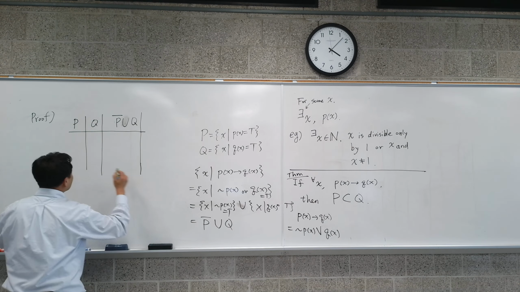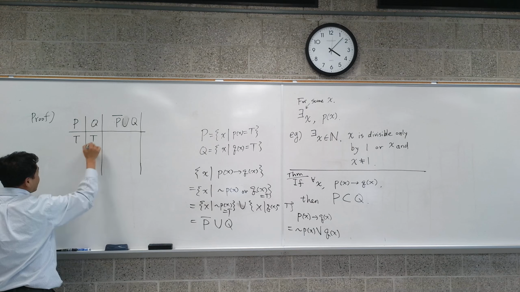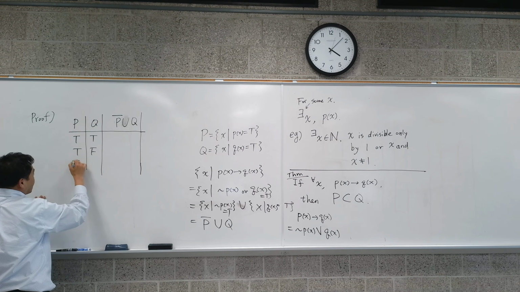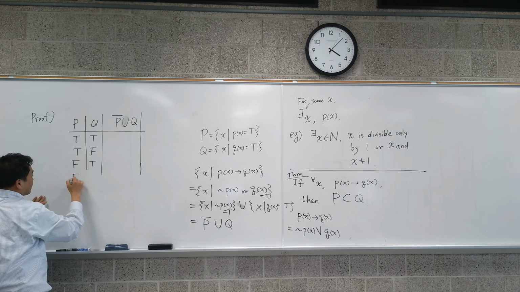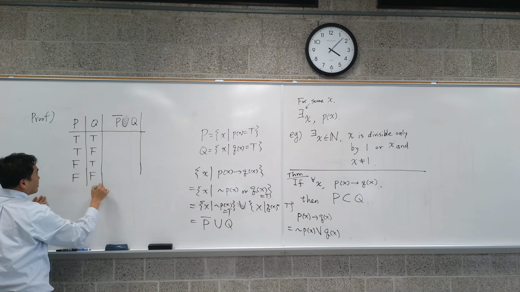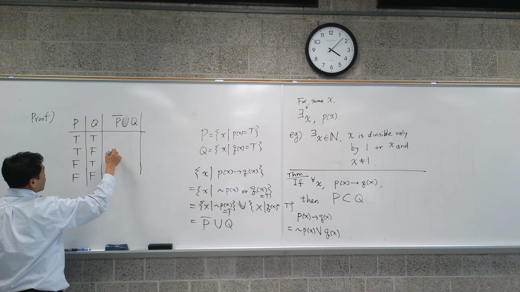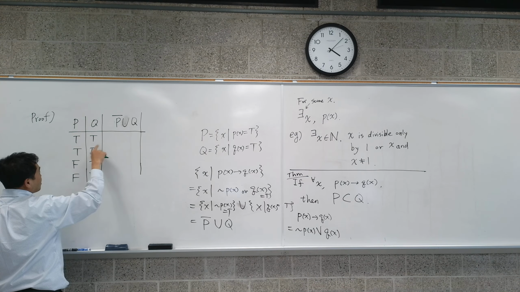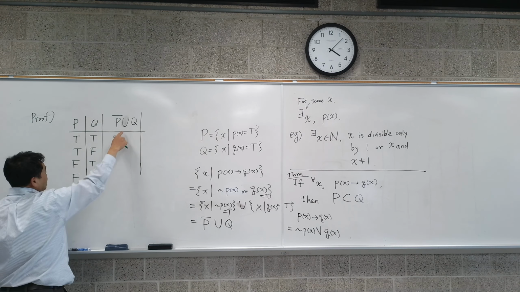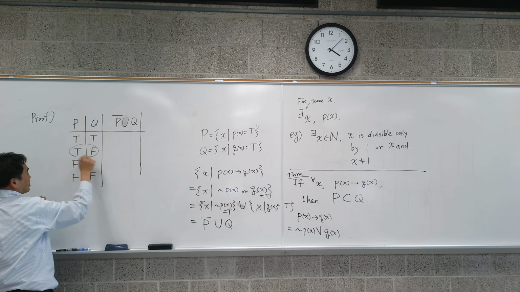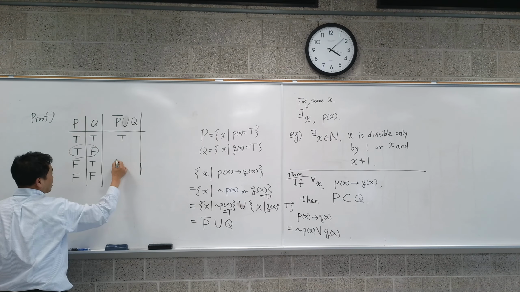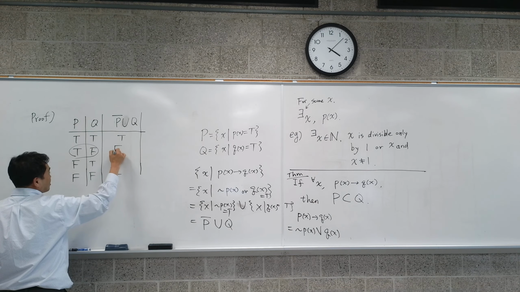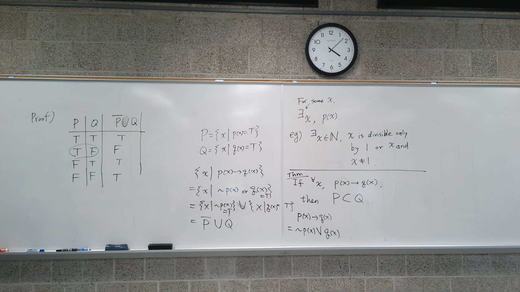And let's make a truth table for this one as well. T, T, T, F, F, T, F, F. Then again, the only time that this is going to evaluate to false is when you have this case here. So these will be okay, but this is false. Okay? Is this fine?